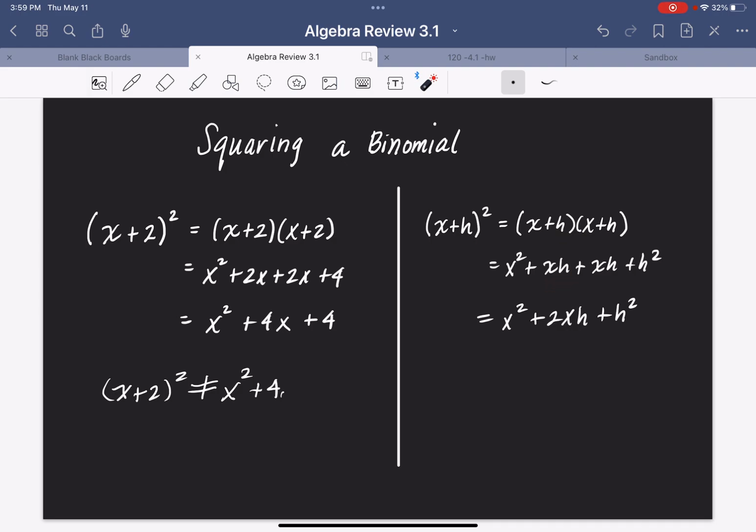So put them in the same order, xh, plus the last is h squared. Now I see that I have two of these, so my final answer is x squared plus 2xh plus h squared. Now I highly recommend that at least for this one, you memorize what x plus h quantity squared is: x squared plus 2xh plus h squared.